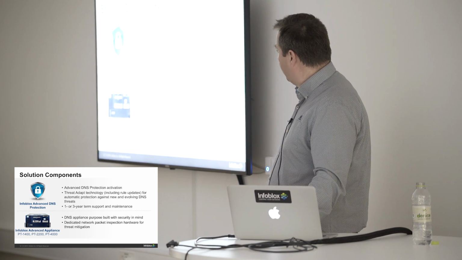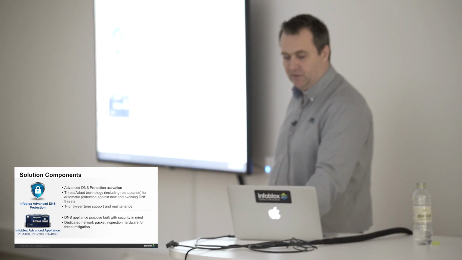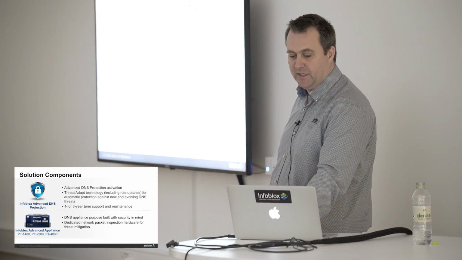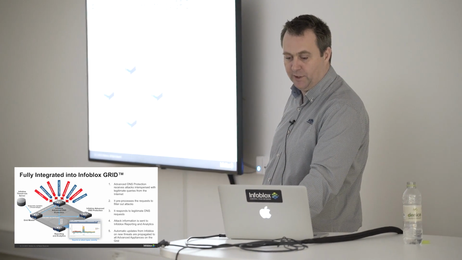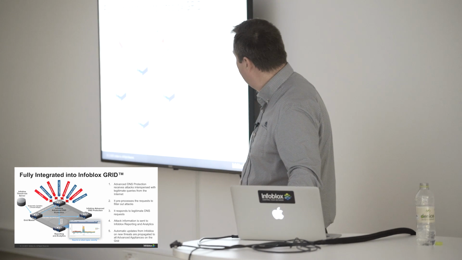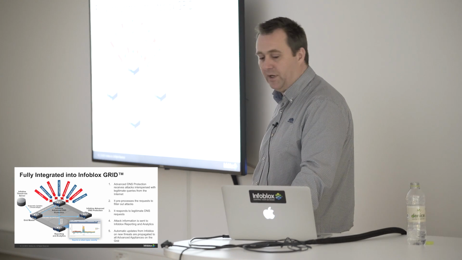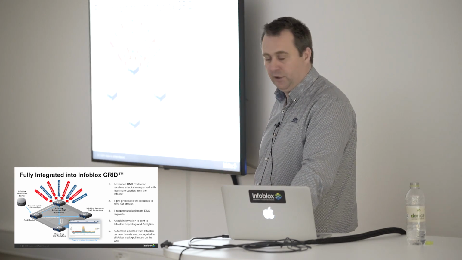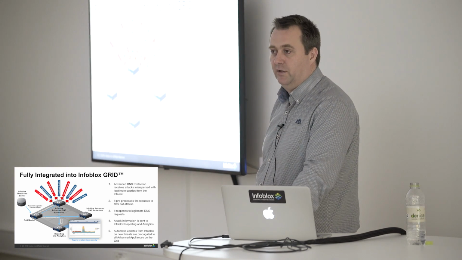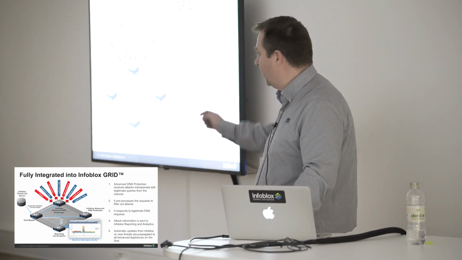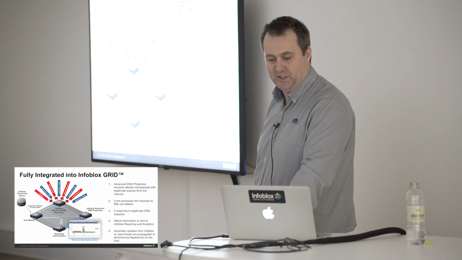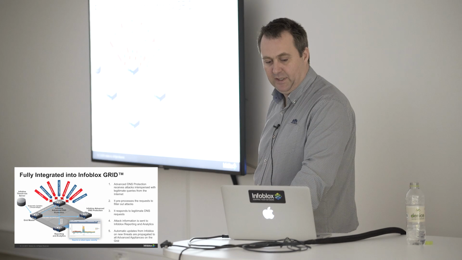And then the advanced protection, which gives you the necessary updates. So it's fully integrated in the grid. It's just a member like any other in the grid. The blue legitimate traffic is going to the DNS engine on that machine, and the red is being stopped on the NIC card. And then of course via your reporting server you can get the necessary reporting on that as well.